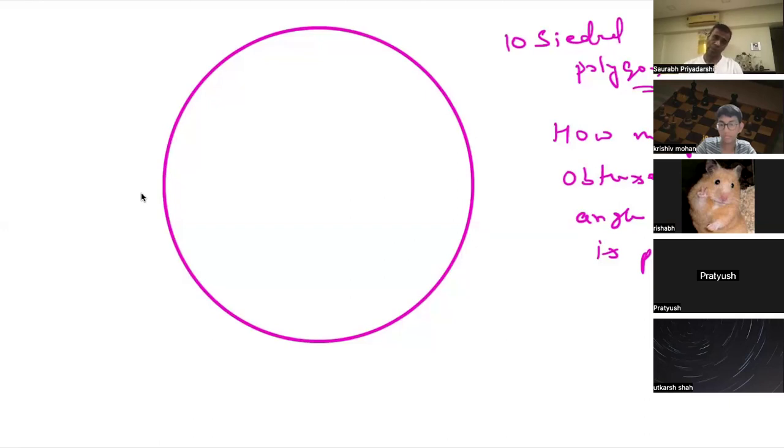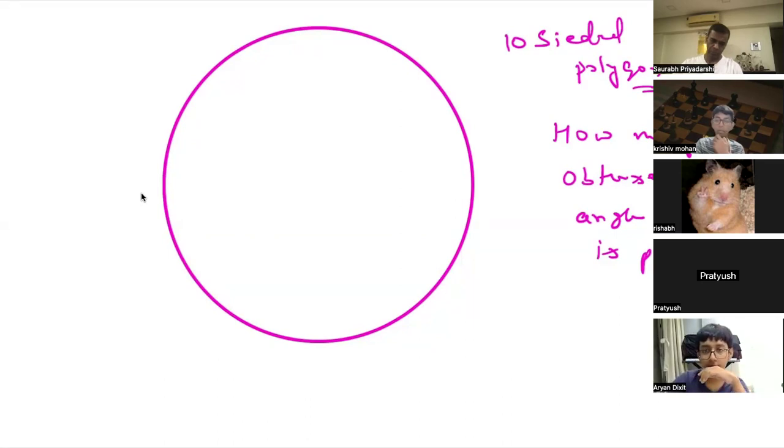I've sent my answer. So obtuse, only find the angle or the triangle? Number of triangles. How many triangles are possible?